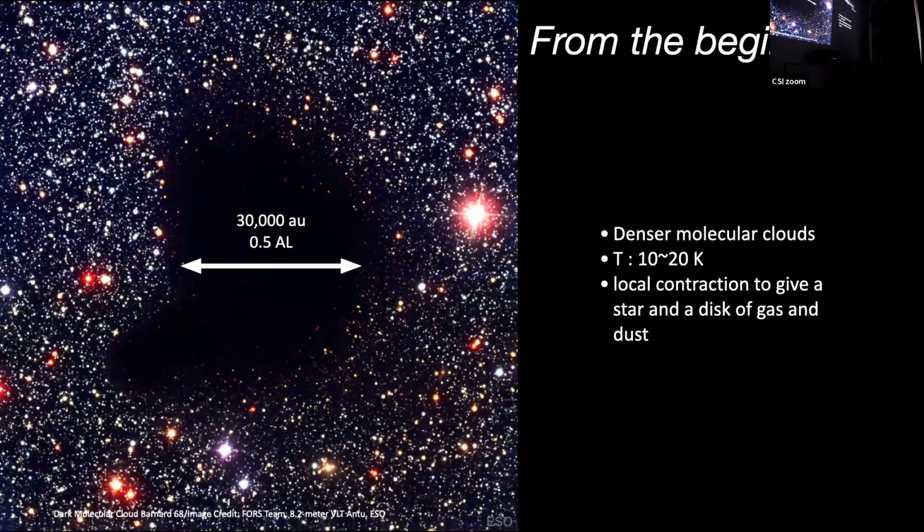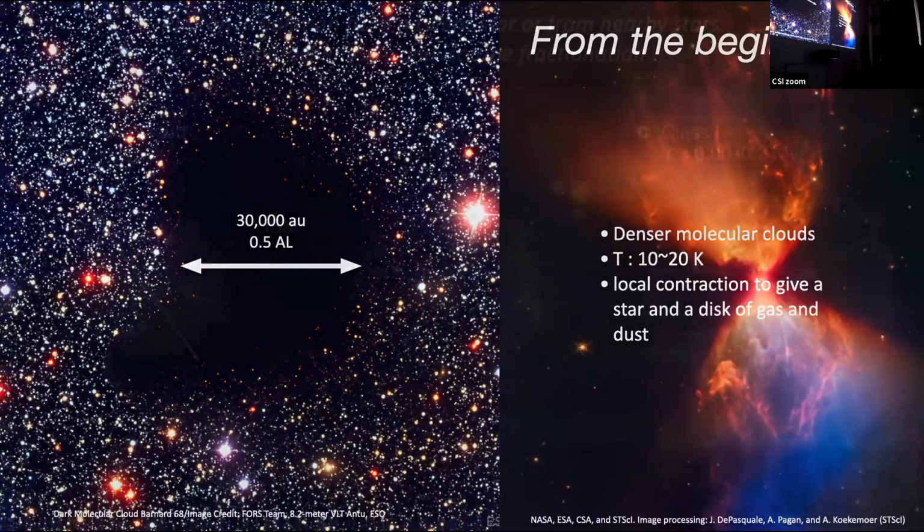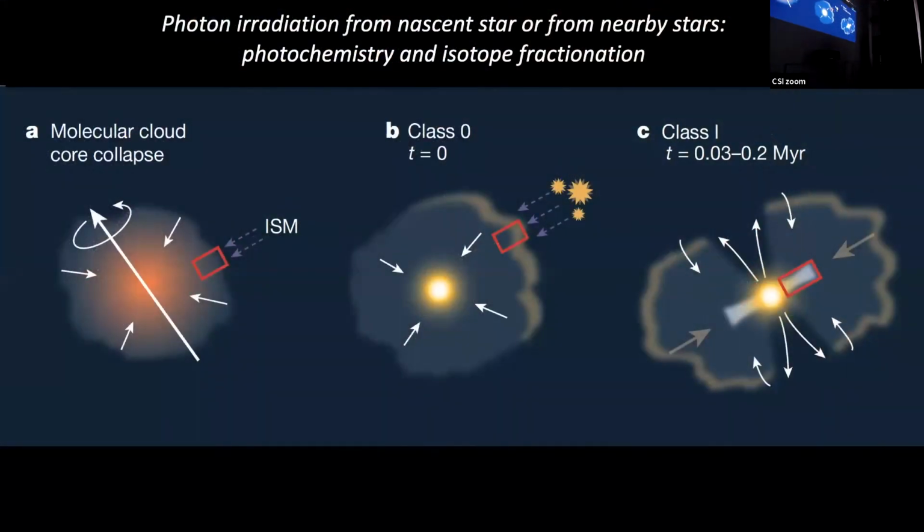The system started when a cloud of gas and dust started to accumulate, giving rise to dense molecular clouds, and local contraction gave rise to stars and a disk of gas and dust. Now, thanks to the James Webb Telescope, we have nice views of this formation.